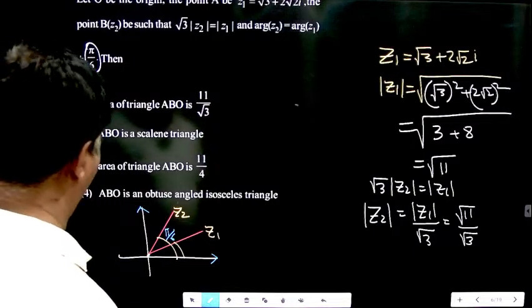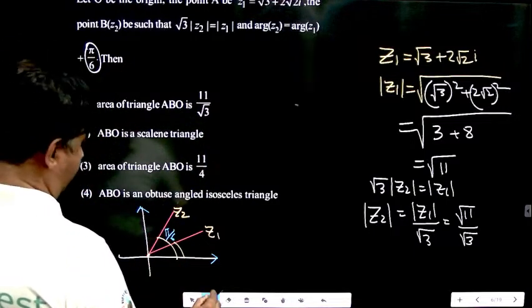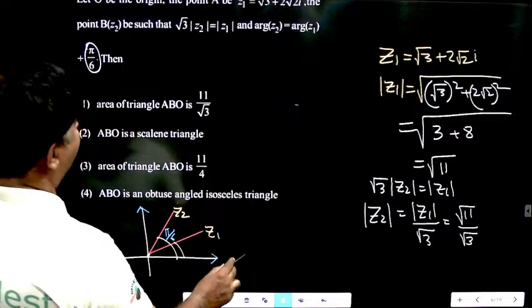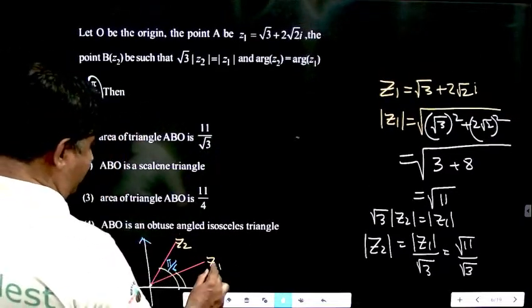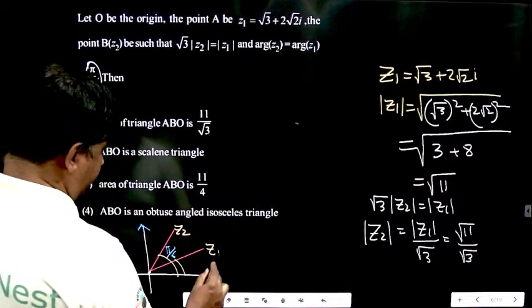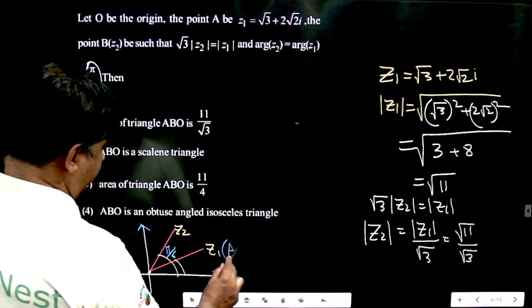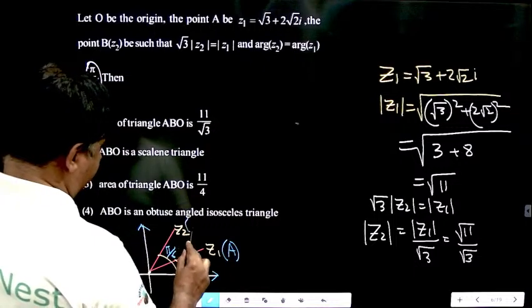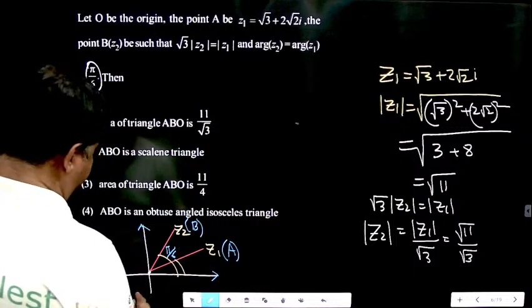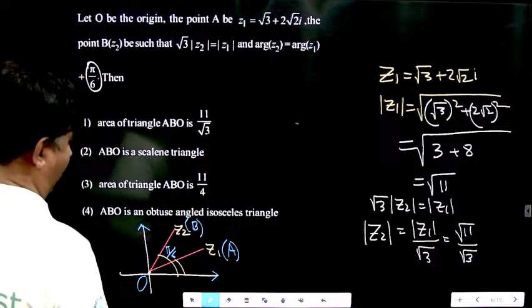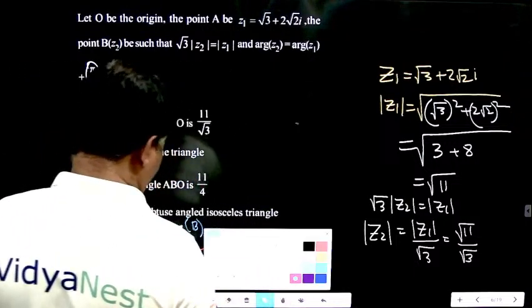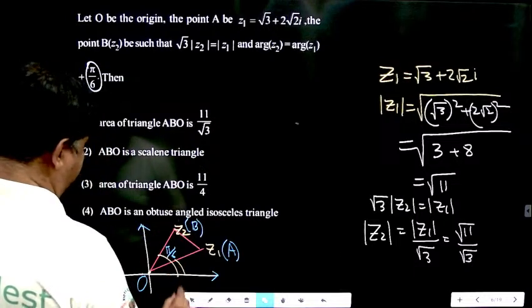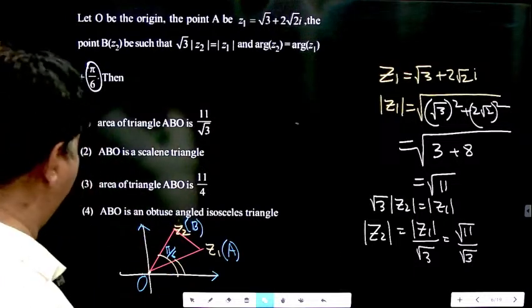Now first, observe what is given in the question. A is Z1. So this is A. This is B. Join it. Triangle AOB.